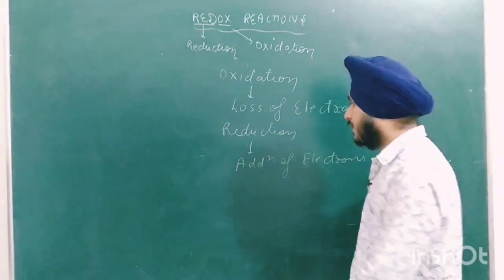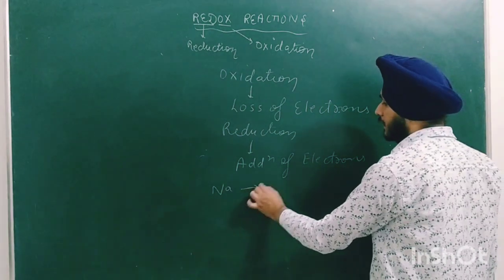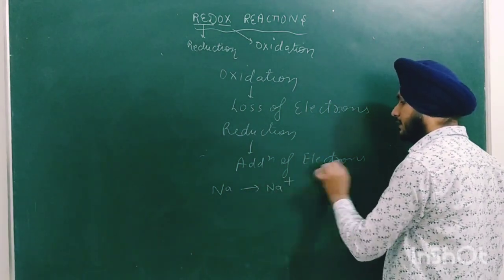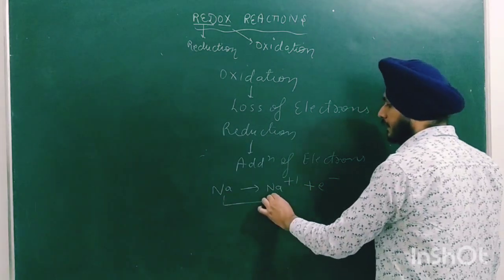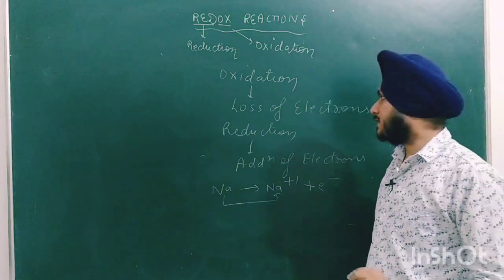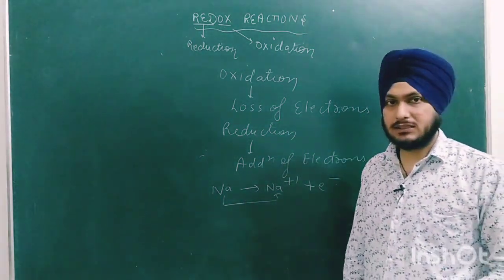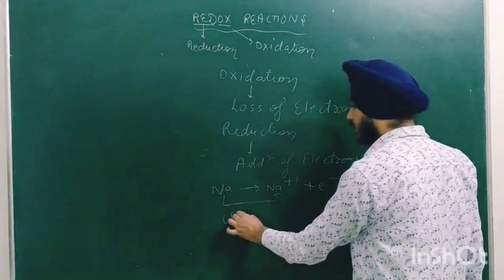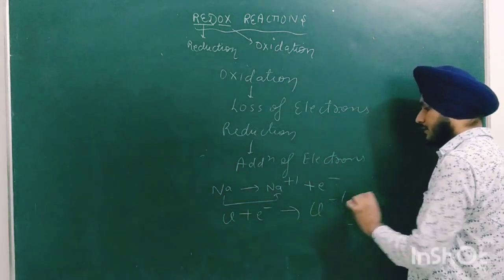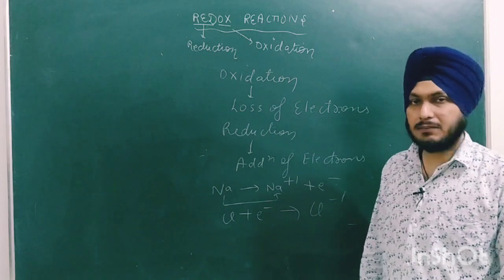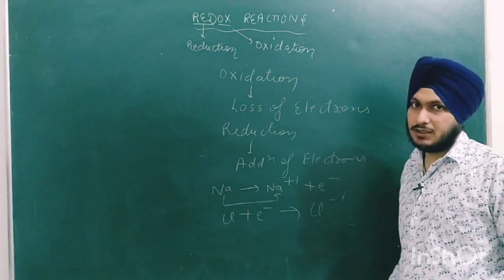For example, if we have sodium, sodium loses one electron to form sodium plus 1 plus electron. Here loss of electron takes place, that is why this reaction is known as oxidation. And if we have chlorine accepting one electron to get converted into Cl minus 1, then this is considered to be reduction.